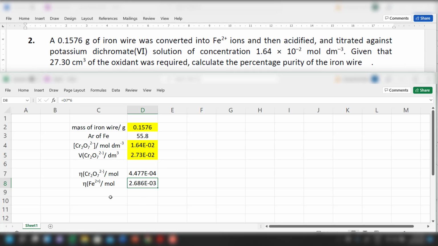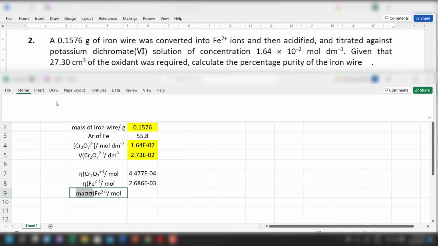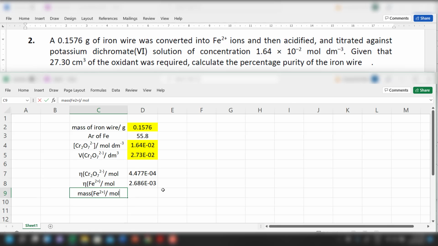moles. Then after that, I can simply calculate the mass of iron 2. So that would be the mass. Just going to change the symbols. I'm not going to use the symbols category here. The mass will be in grams. This will be simply the number of moles multiplied by the relative atomic mass.